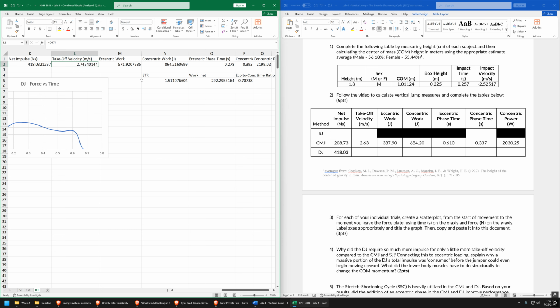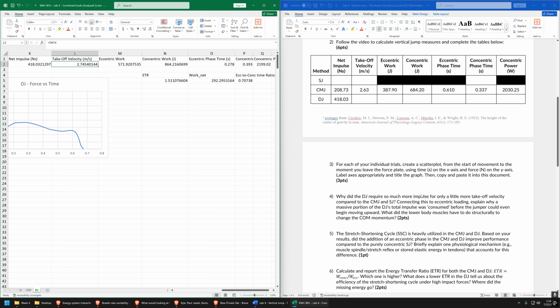It means I kind of had a poor stretch shortening cycle. There was still more stretch shortening cycle going on, it was just a little bit of a poor turnover. And there could be some ways to optimize that. Maybe I just dropped off a box that was too high. I'm not trained. A lot of things could go wrong with that, but that's for you to ponder and write about below.